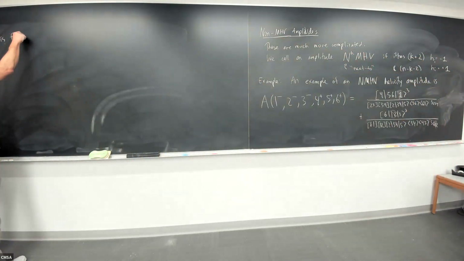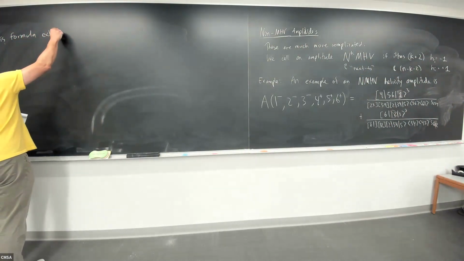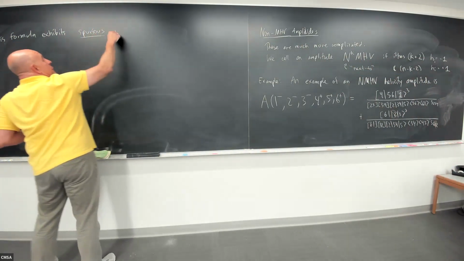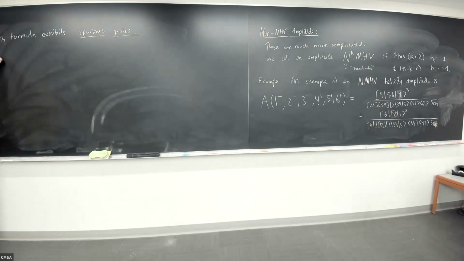This formula exhibits what we call spurious poles. There's a principle in physics called locality, which has been mentioned in at least 2 of the lectures so far.